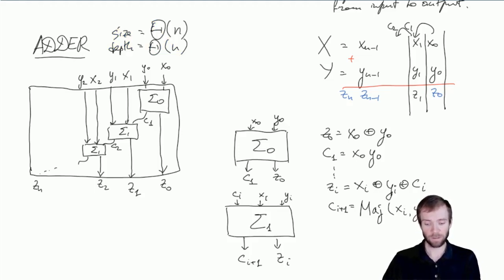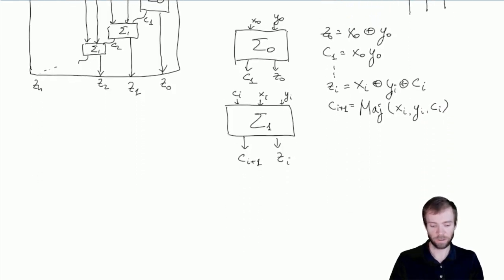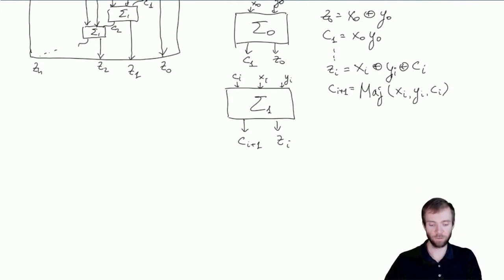Now, as for the depth, it can be made much, much better than linear. And actually the depth here for the adder can be made logarithmic. So this is what we'll try to do in a couple of moments. But before that, we'll once again reinforce this construction of canonical DNF of a function.